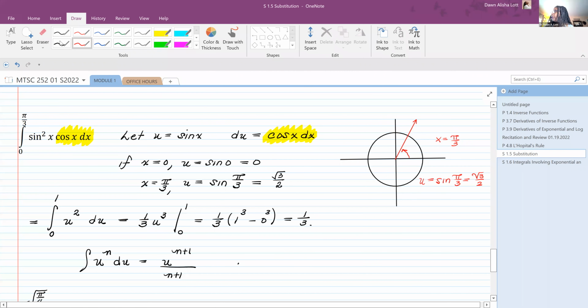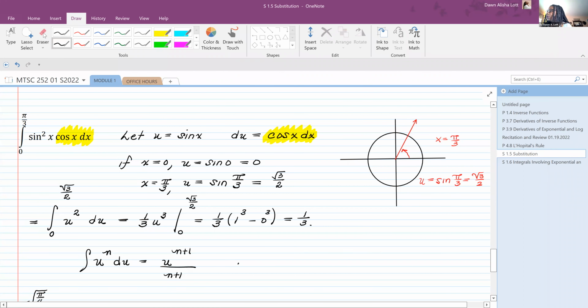Okay, so that changes our answer. So now this goes from the integral from 0 to 1 to the integral from 0 to the square root of 3 over 2. Okay, so therefore, now we integrate, we get 1/3 u cubed.